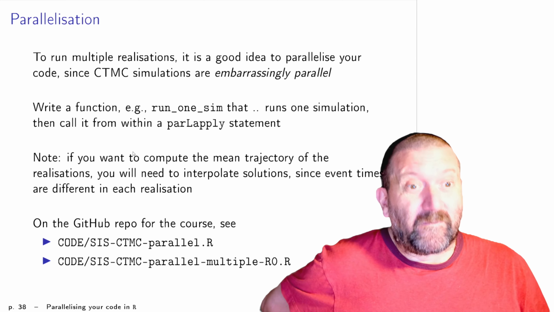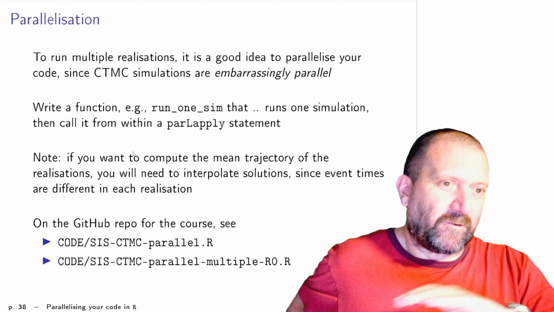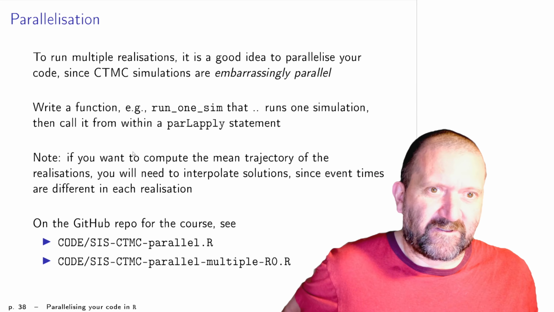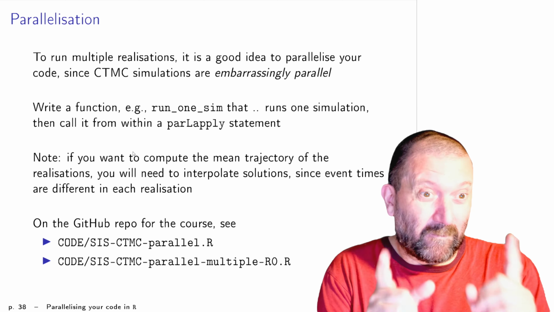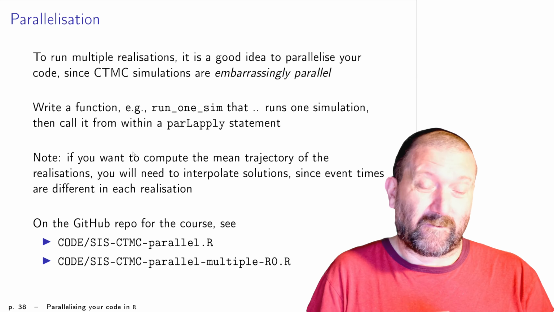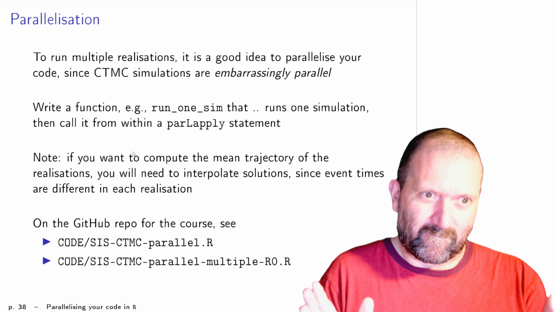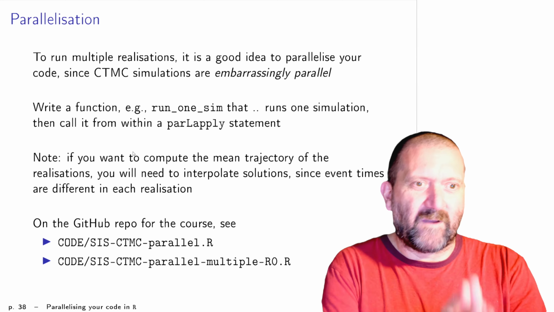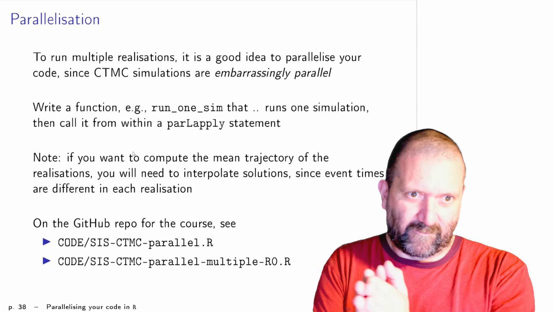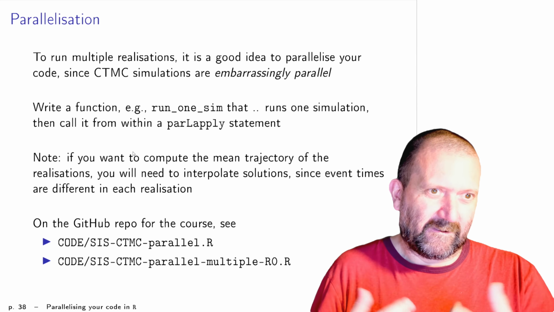And I'll just point out that if you want to compute anything like means on your solutions, and I will show you that in a second, then you will need to interpolate your results. Because remember, the one thing that's important with a continuous time Markov chain is that the times between events are randomly distributed. They follow an exponential distribution, but that exponential distribution depends on the state, which is itself a stochastic event.